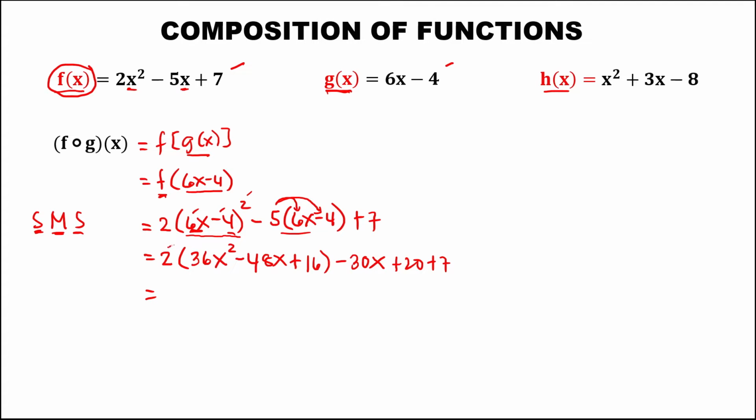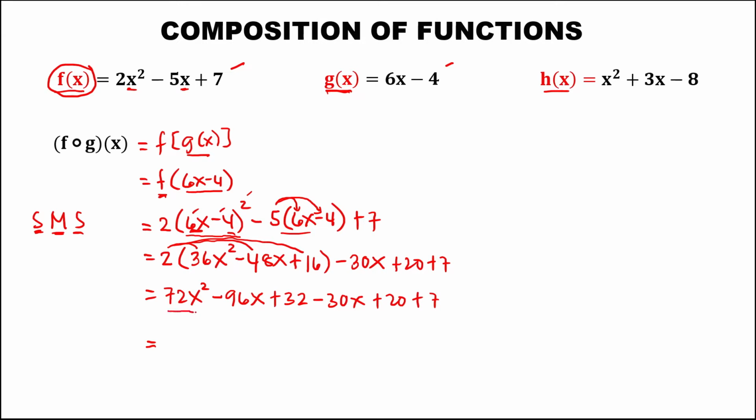Then to simplify, 2 times 36 is 72x squared. 2 times negative 48 gives negative 96x. And 2 times 16 is positive 32. Then bring down minus 30x, plus 20, plus 7. Then we can combine like terms, starting with the highest exponent.